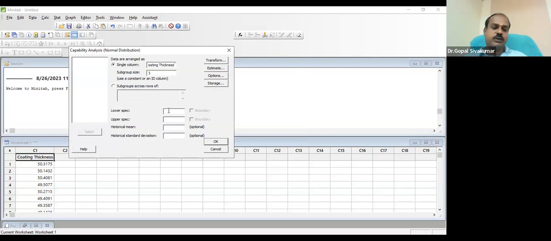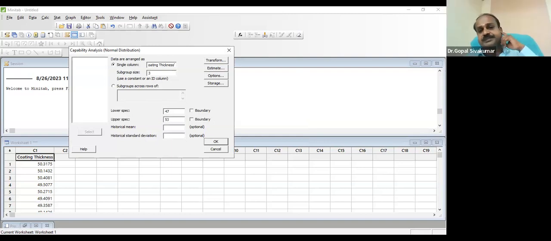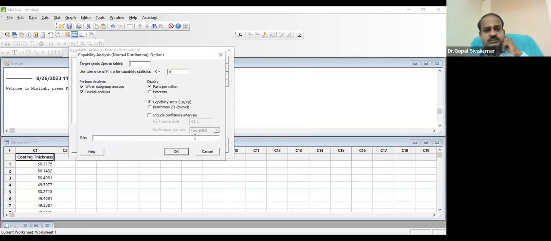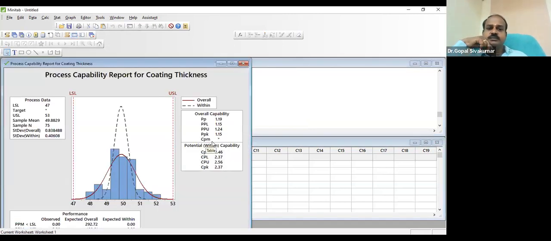What is your lower spec for coating thickness? 47. Upper spec 53. Now you don't have to do anything here. Now you give OK. Can you see your capability analysis report?